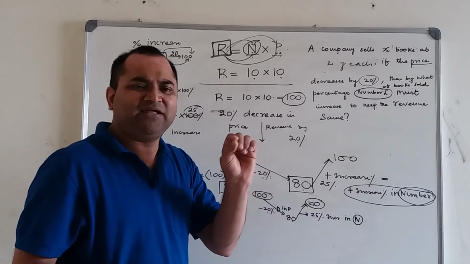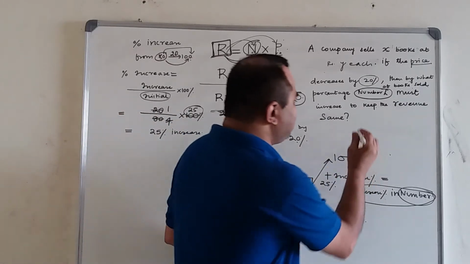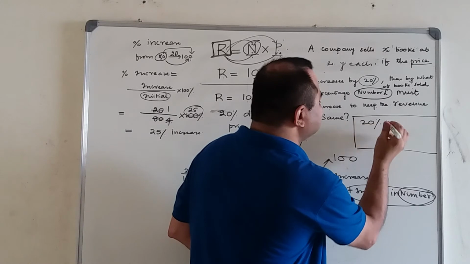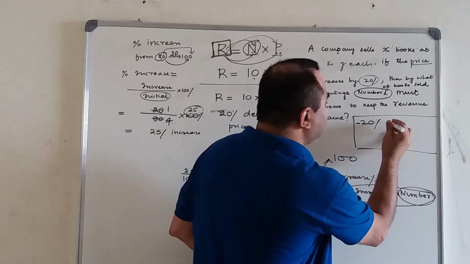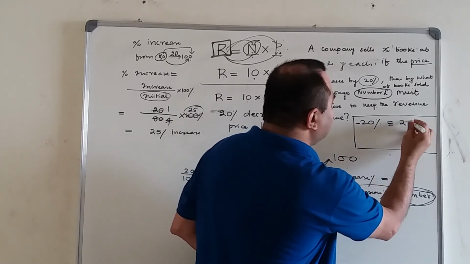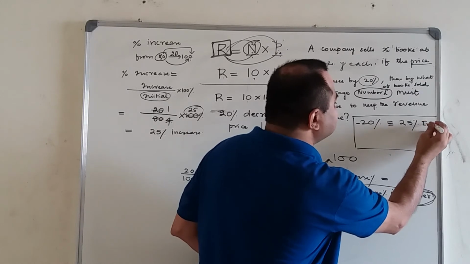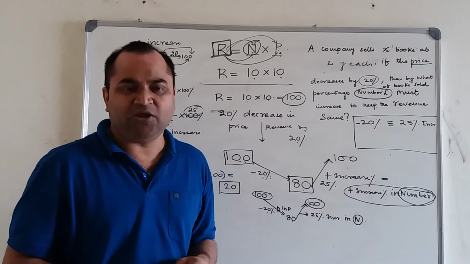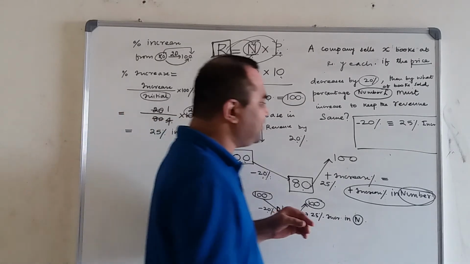Here finally I will give you a tip. Always remember, whenever a number decreases by 20%, it will require a 25% increase to restore the decreased value to its initial value. Another pair I will give you.